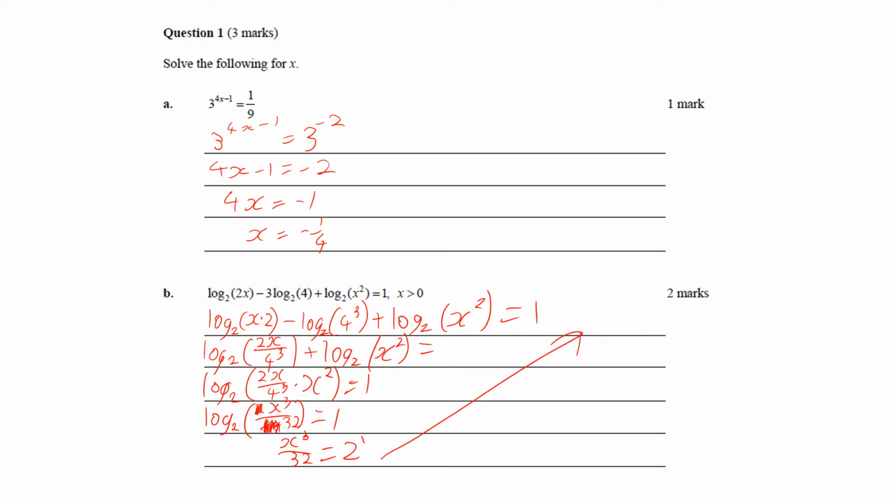So I multiply both sides by 32. I get x cubed is 64, and so x has to be, whoops, not 8, x has to be 4.